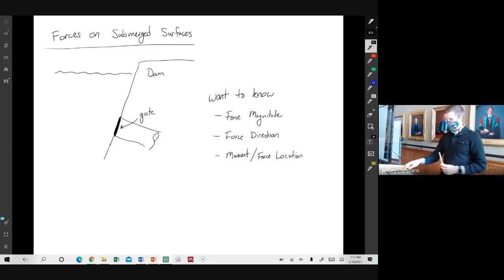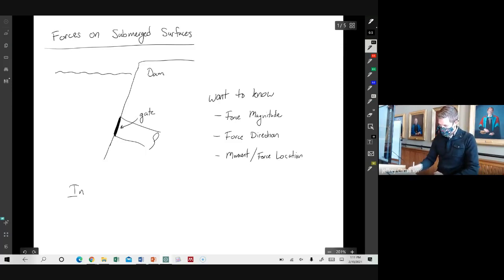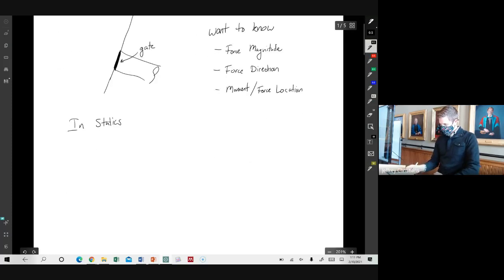Just as a super quick refresher, in statics, what we would do is something like this. We might have something, say there's an axis or a location, like a joint, a hinge, something like that.